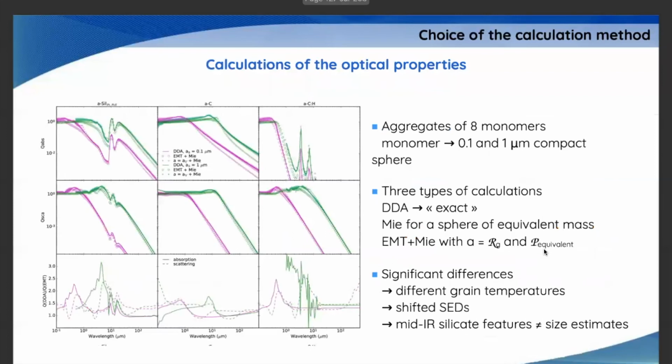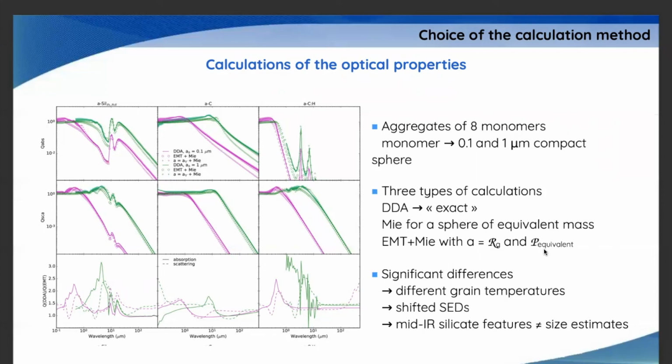The last example is the choice of the calculation method. It's a bit more complicated, but anyway. Here I want to make an aggregate of 8 monomers. There are two sizes; let's look at the smallest one, the pink one, which has 0.1 micron monomers. You have three types of calculations. The discrete dipole approximation, usually considered more or less exact, is the straight line.